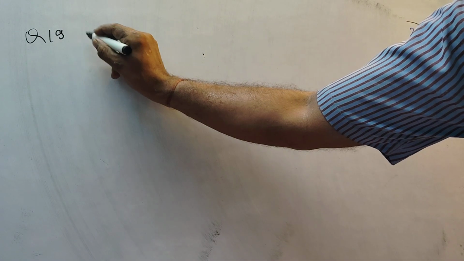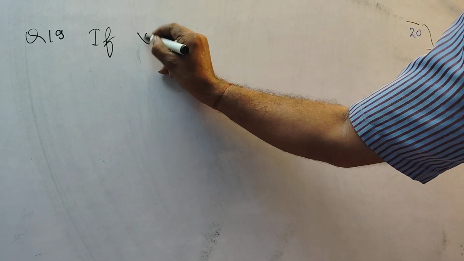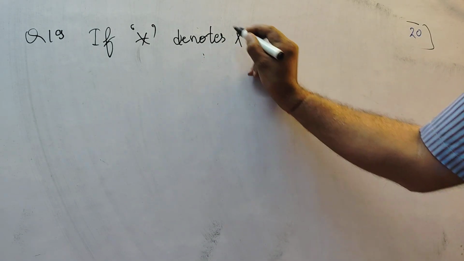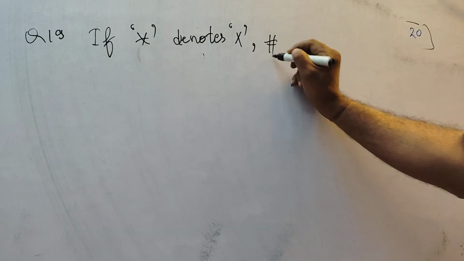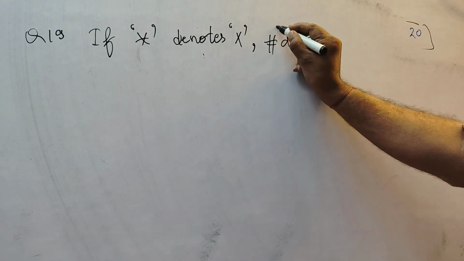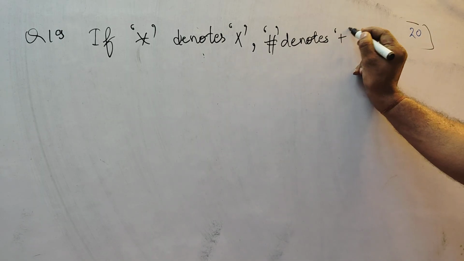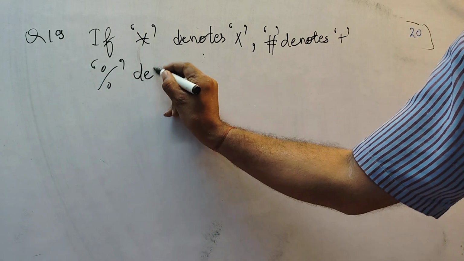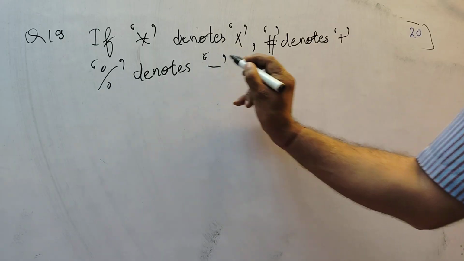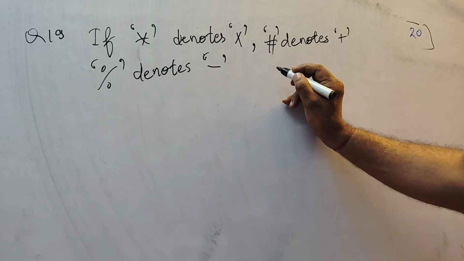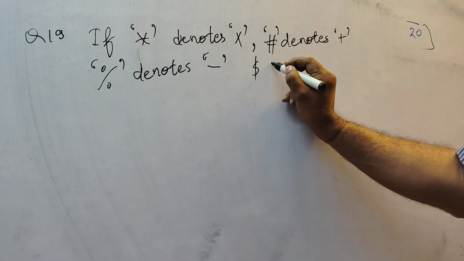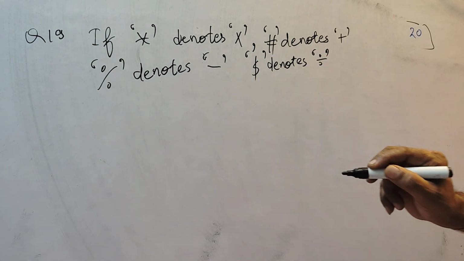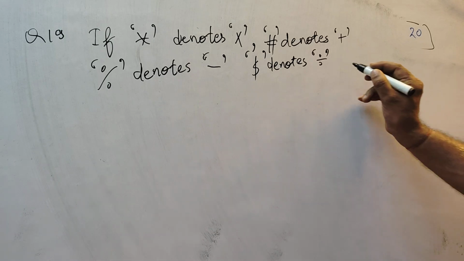If asterisk denotes multiply, hash sign denotes plus sign, percentage denotes minus, and dollar denotes divide, then which of the following equations is incorrect?